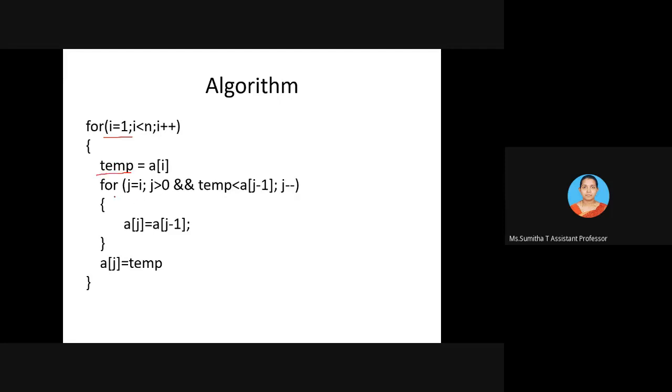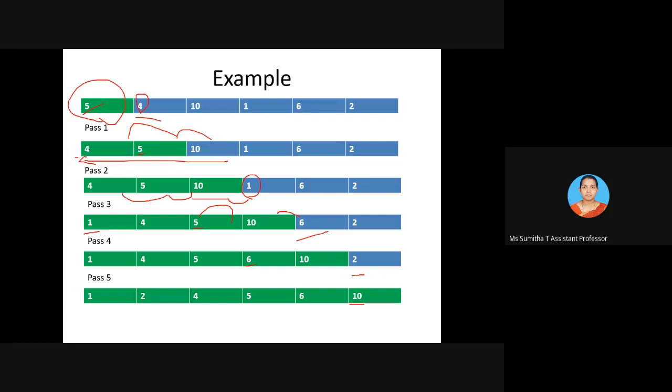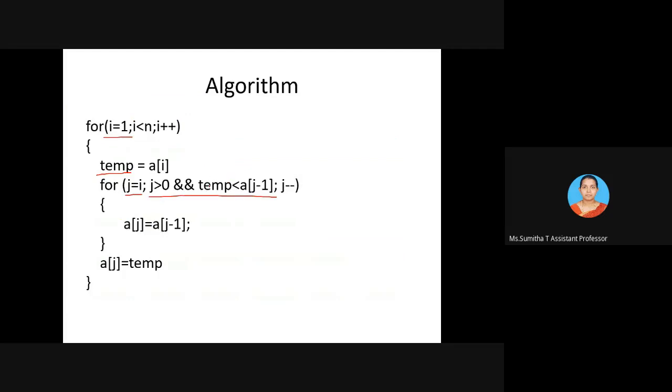Here we give one for loop with j equal to i, and we check one condition, that is j greater than 0. No need to take the 0th element, right? Already we have sorted it. So we start with j greater than 0 and then temp less than a of j minus 1.